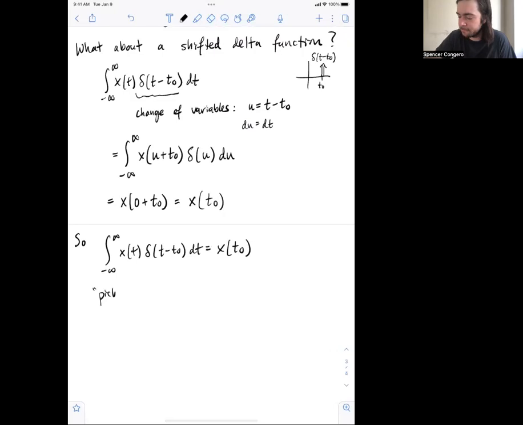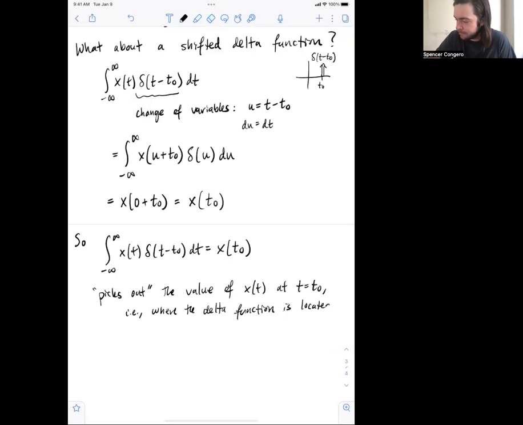So this picks out the value of x of t at t equals t naught, i.e., where the delta function is located, right? Because this shifted delta is just located right there at t naught.